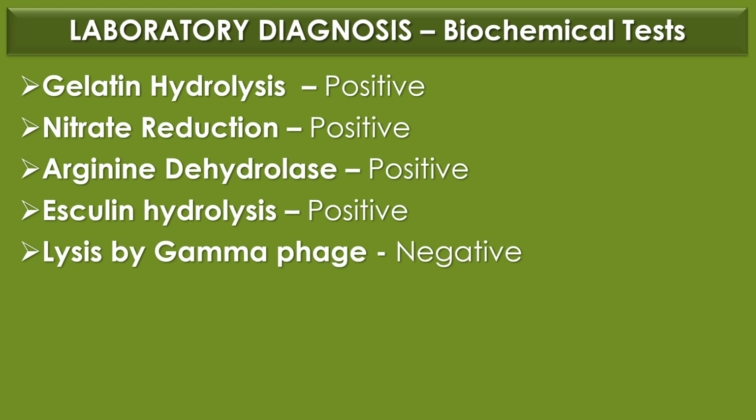Lysis by gamma phage is positive for Bacillus anthracis and negative for Bacillus cereus.